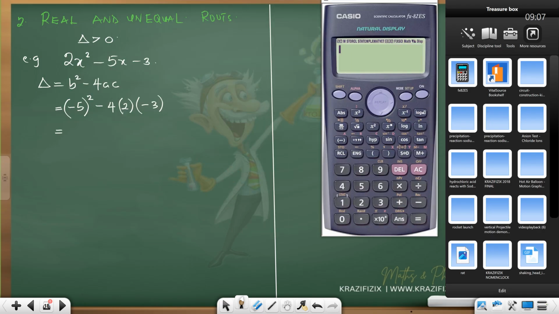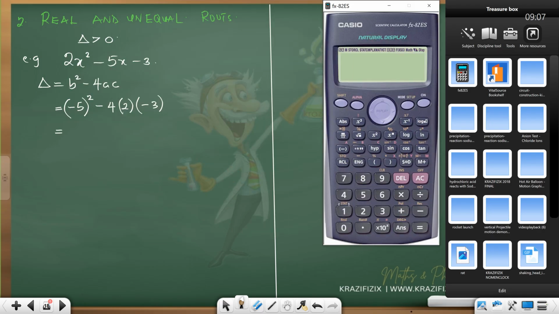If we put all of this, please, again, I want to show you something. If I don't put it in bracket, what will happen? Will my answer be different? Especially that minus 5. Look at my answer. It's giving me negative 1. But if I put it in bracket, will it be different?